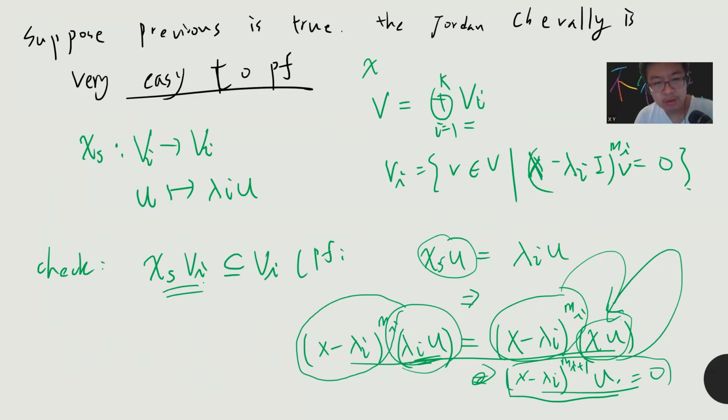Simply speaking, you just multiply by lambda i. If the original u satisfies (X minus lambda i) to the mi applied to u equals 0, then multiplying by a constant, it's still inside, because you can pull out the lambda i and you get 0. So XS Vi is fixed in Vi.